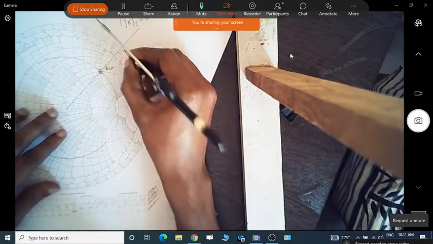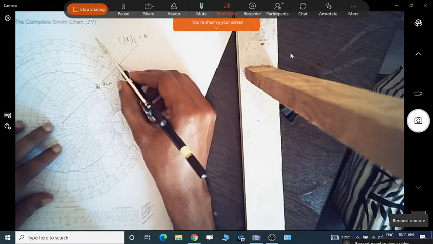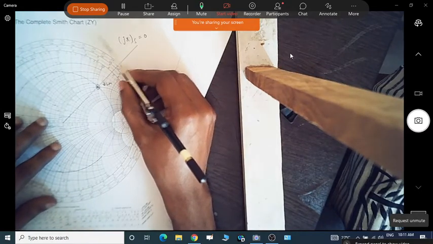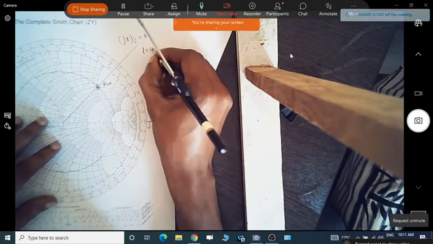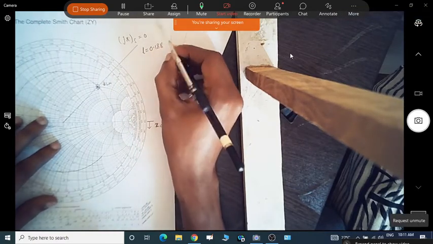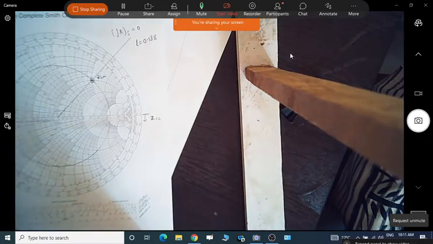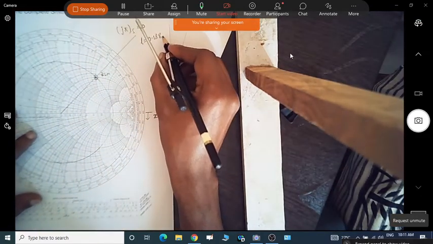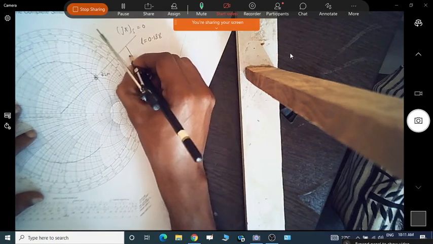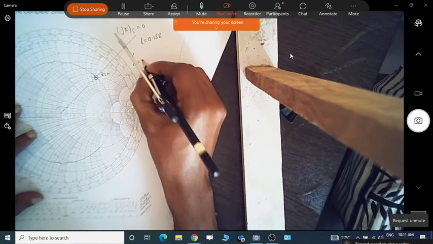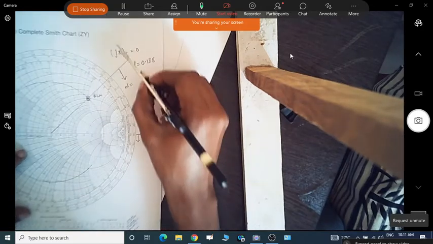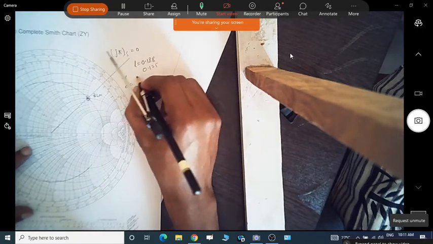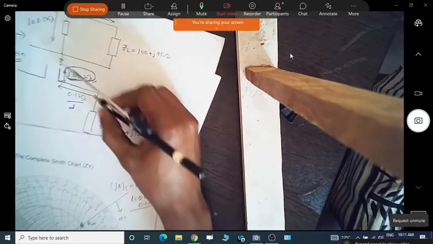Now we can see the value of this one, the length in terms of lambda, is L equal to 0.188, around that it is coming. You can also try to do it, 0.188. Now how much distance do we have to move? The d distance is 0.125. So we need to add 0.125 to it to get the location of the stub.